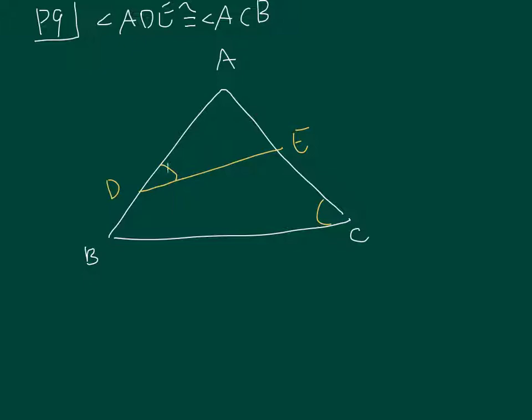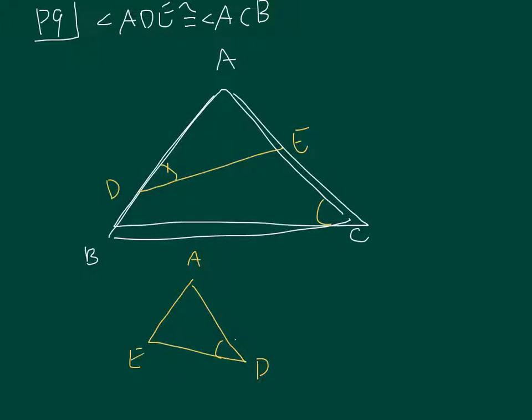So let's take that triangle outside, and we want to prove why triangle ABC is similar to triangle ADE. We can use the similarity theorem, either AA or SAS or SSS.